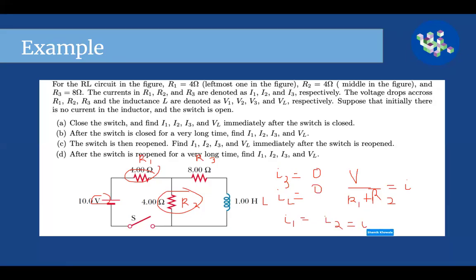And if you plug in the numbers, V is 10, R1 plus R2 is 4 plus 4 is 8. You get that this is 1.25 amperes. Again, this is all for part A. All right, any questions about that? Oh yeah, and they asked for VL, so VL will just be 0 because I is 0.